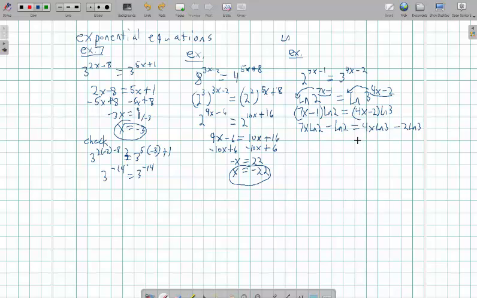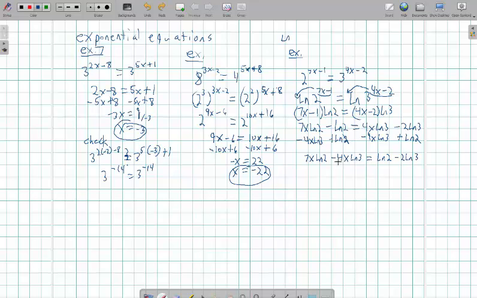So now I can take all my x terms on one side, so I'll move this one over. And I will add this one to the other side. So after we do that, we will now have 7x ln of 2 minus 4x ln of 3 equals ln of 2 minus 2 ln of 3.